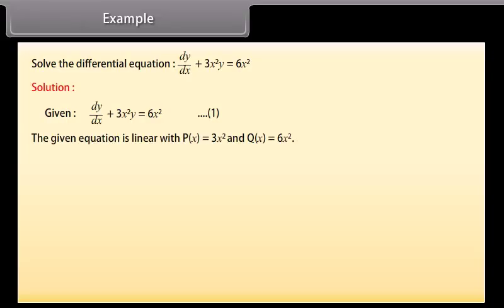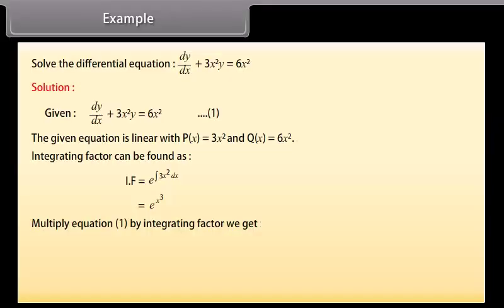The given equation is linear with P(x) = 3x² and Q(x) = 6x². The integrating factor can be found as I.F. = e^(integral of 3x² dx) = e^(x³).